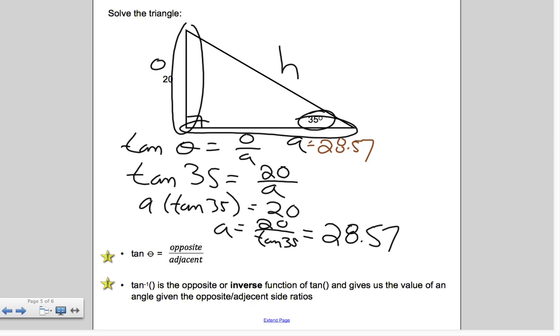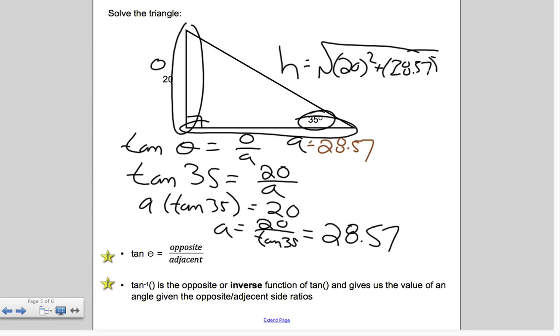So how can we solve for the rest of the triangle? A squared plus B squared. So here we're going to get h is equal to the square root of 20 squared plus 28.57 squared.